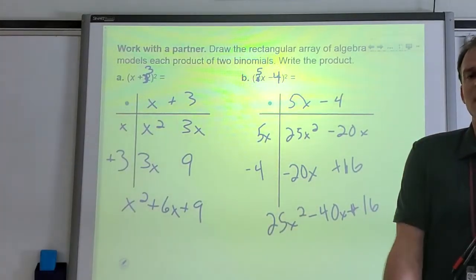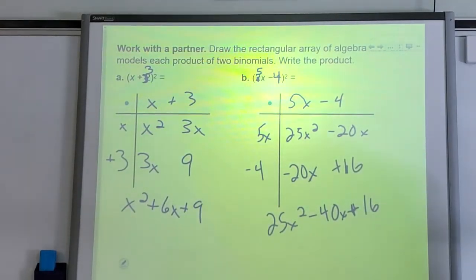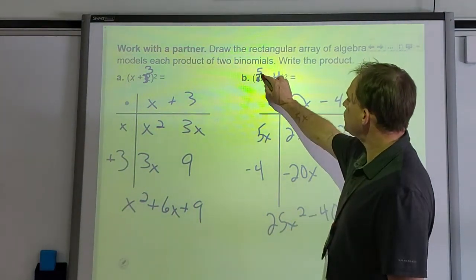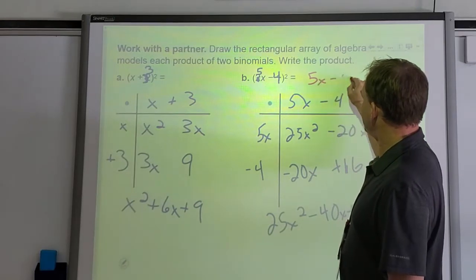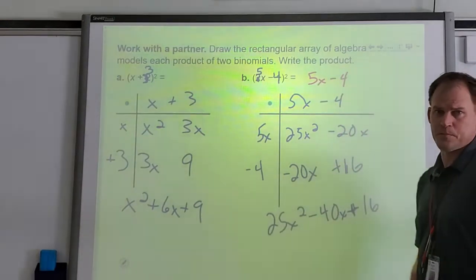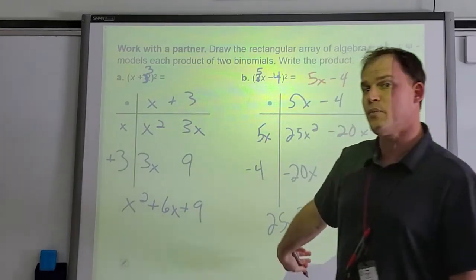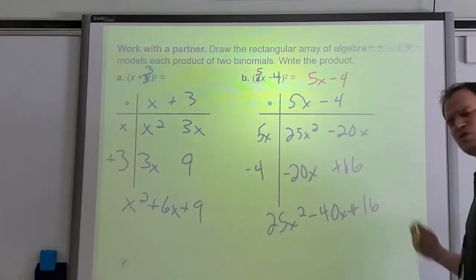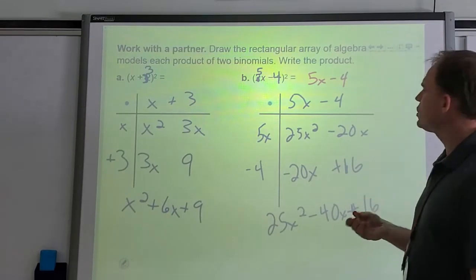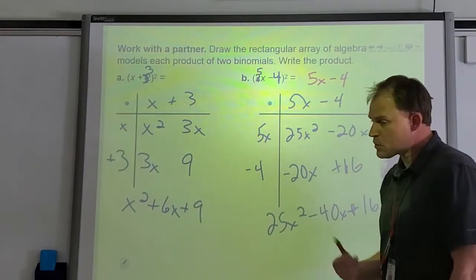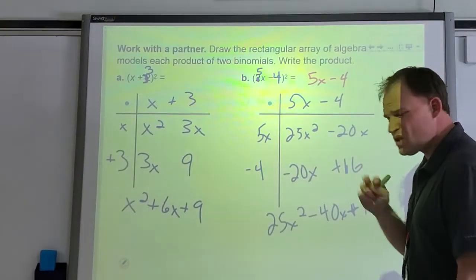Do you see or recognize a connection or a pattern between the numbers we started with, and again, remember I changed that to 5x minus 4, the numbers we start with in the problem, and the numbers we end up with in the problem? Do you see any connections or relations? Well, hopefully, you got a little bit.